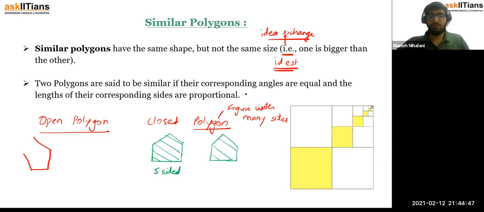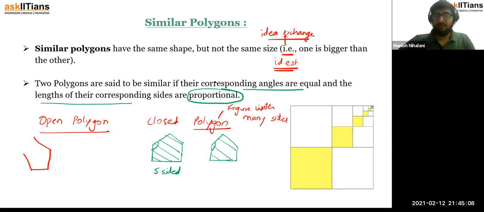Since it is a pentagon, their angles will also be equal. So if their corresponding angles are equal and the lengths of their sides are proportional, then we say two polygons are similar to each other. The angles should be equal but the sides can be proportional.